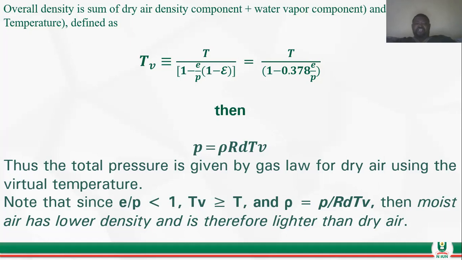Thus, the total pressure is given by the gas law for dry air using the virtual temperature. We can see that the gas law for dry air is given by P equals density rho R_d T_v, as I said.